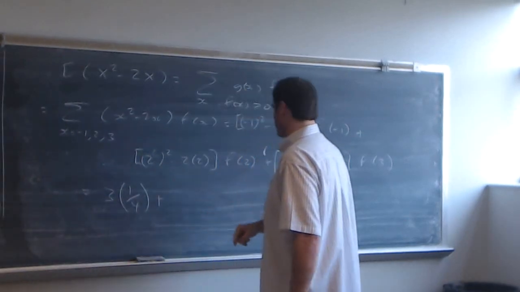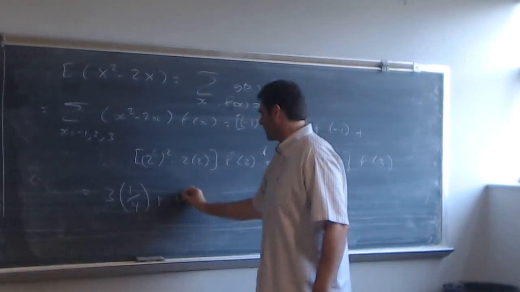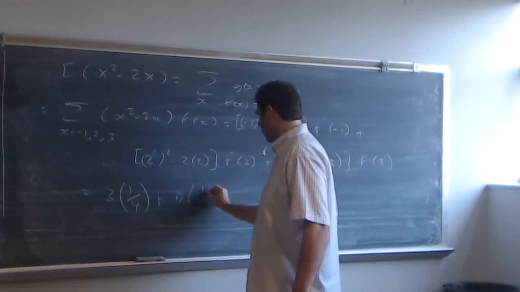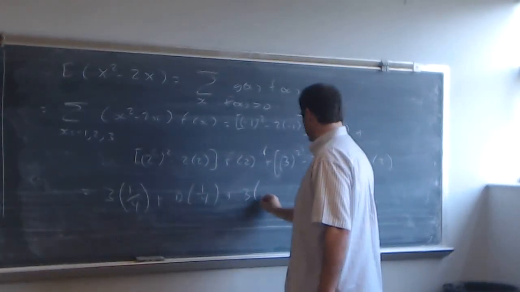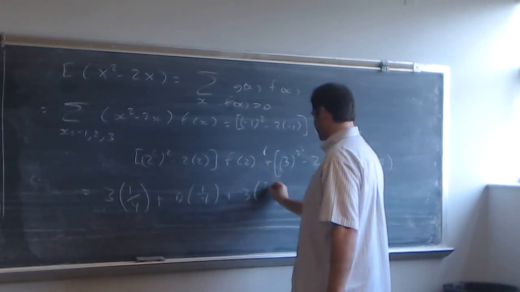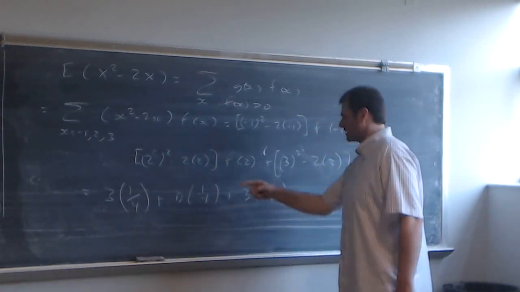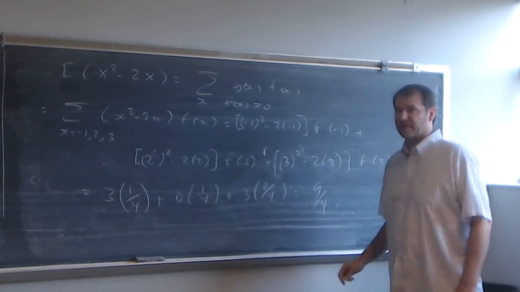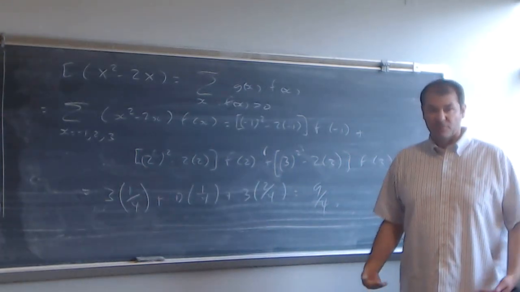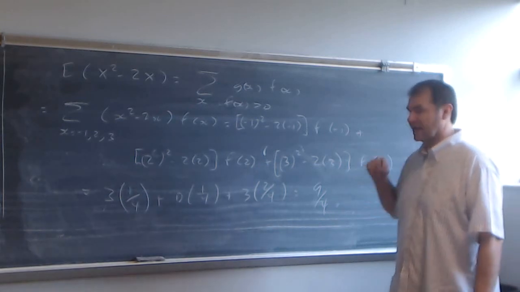Plus this part right here is 4 minus 4, that's 0, times 1/4. Plus this is 9 minus 6, that's 3, times 1/2, which is 2/4. So we end up getting 3/4 plus 6/4, which is 9/4. That's our answer. So the expected value of X squared minus 2X for this particular random variable X is 9/4.